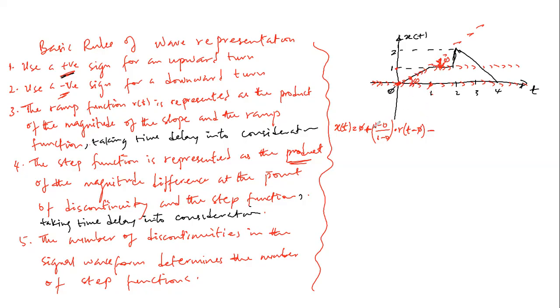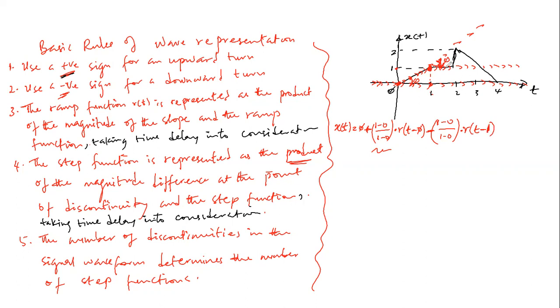So that will be 1 minus 0 divided by 1 minus 0 times, now r of t, this time, this turn occurred at this point at time t equal to 1, so minus 1.